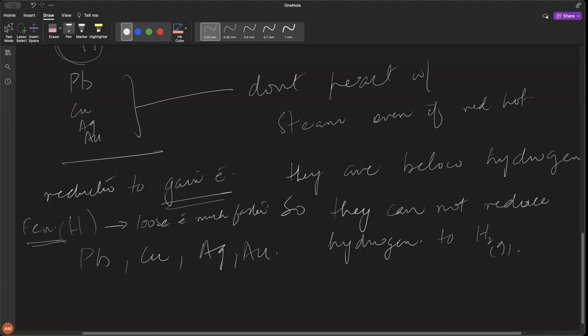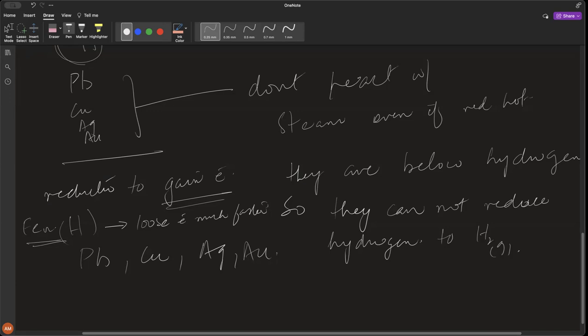Are you getting my point? The more reactive metal is going to give its electron to the lesser reactive metal. This is called displacement reaction. We will study ahead, inshallah. So this is what hydrogen does.